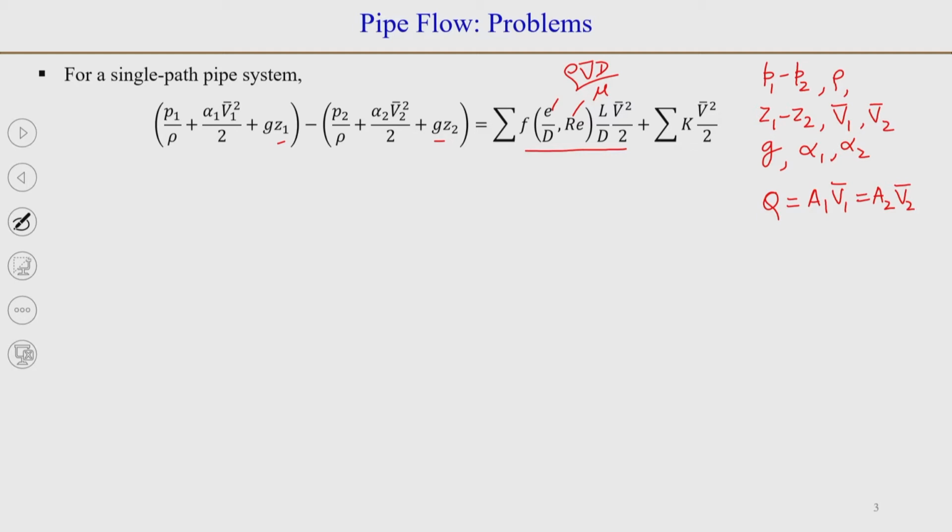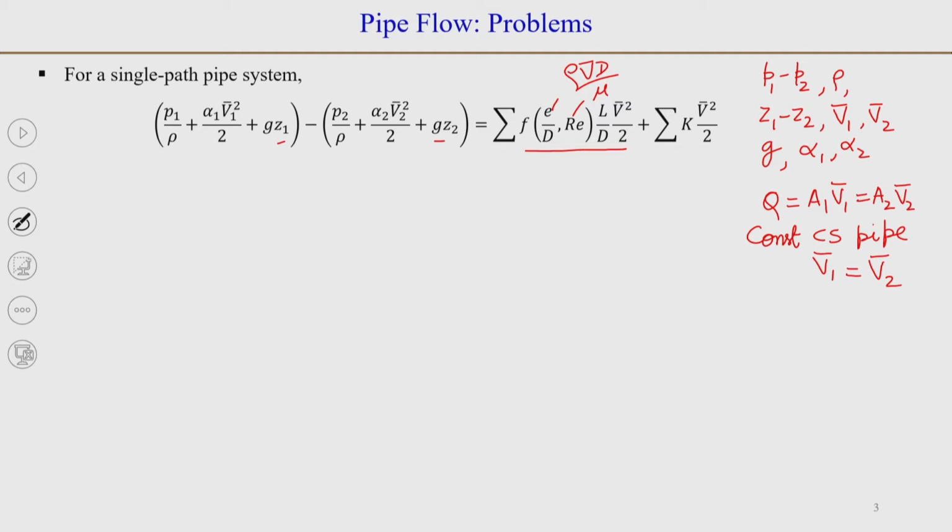Now, in most of the cases, if the pipe is of constant cross sectional area, then we will have V1 bar equal to V2 bar.